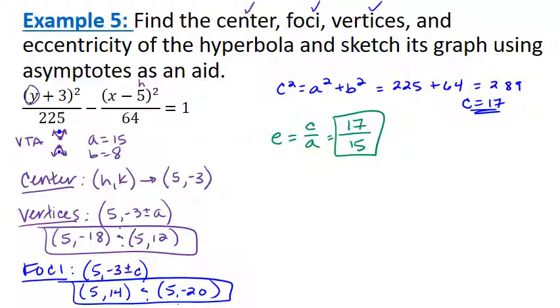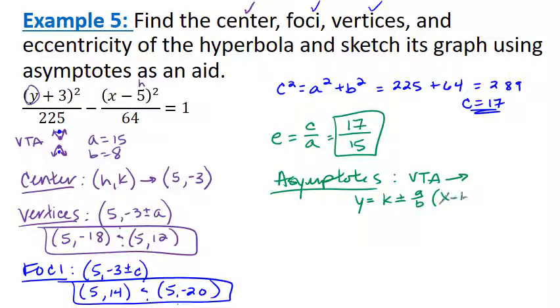Oh, it wants us to use the asymptotes. So for the asymptotes, since this is a vertical transverse axis, looking at the two formulas, we need to use y equals k plus or minus a over b times (x minus h). Again, this is just an equation of a line.